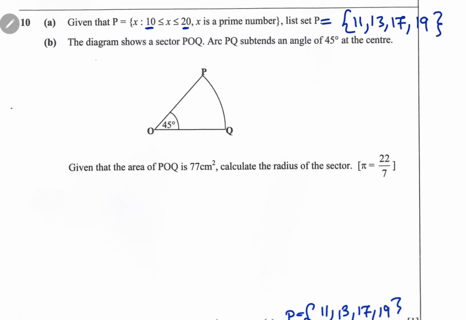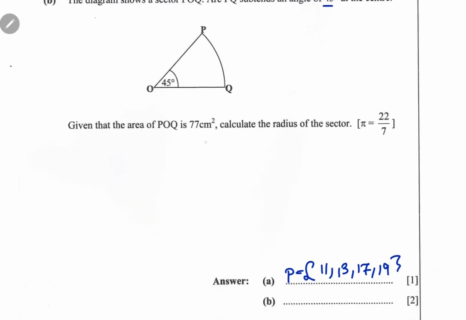Then let us look at this question. The diagram below shows the sector POQ. Arc PQ subtends an angle 45 degrees at the center. Given that the area of POQ is 77, calculate the radius. So this is called a sector. So we need to know the area of a sector. So what is the formula?